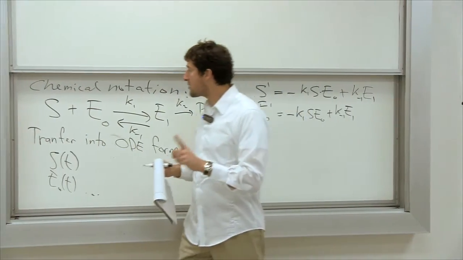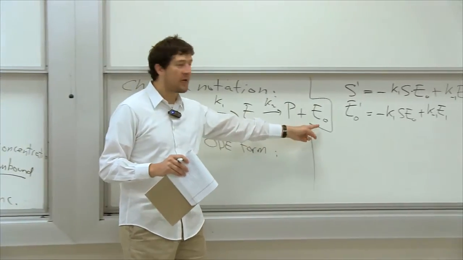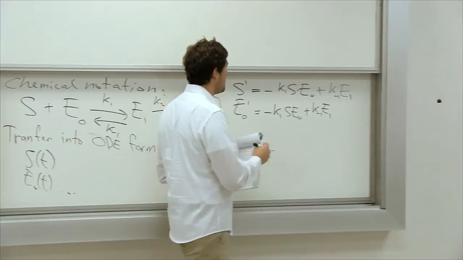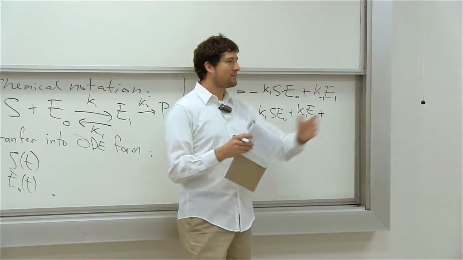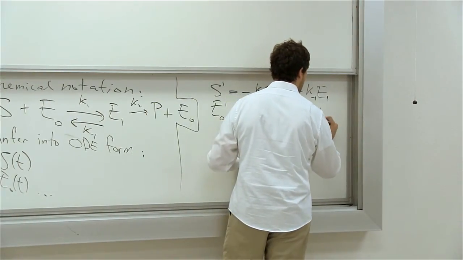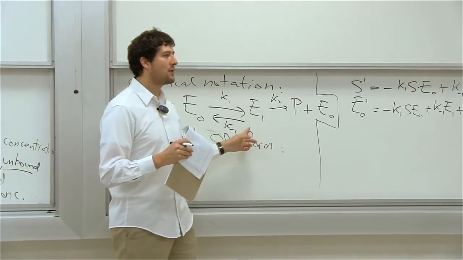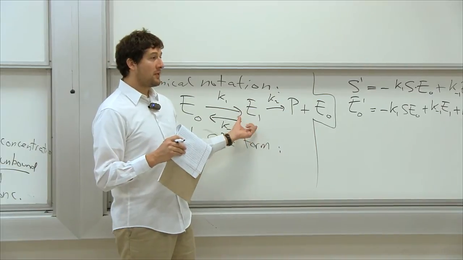But there's actually another reaction where E0 shows up. The third reaction, right? Okay, so that means that this reaction with rate what? K2. K2 times E1.